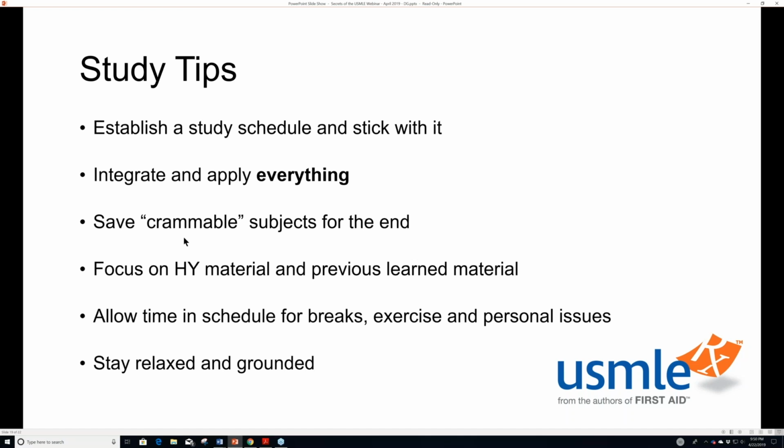There are certain crammable subjects that tend to work better towards the end. We don't advise that you cram. We advise that you study deliberately, that you test yourself and so forth, and those are ways to really learn and retrieve those memories and apply them.